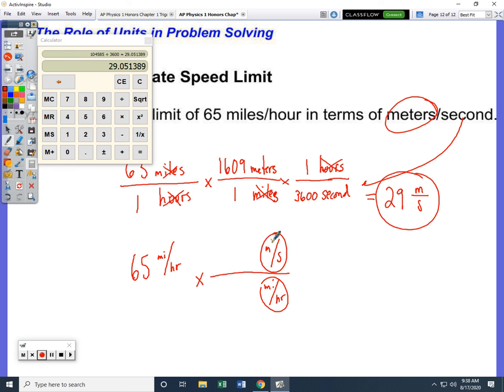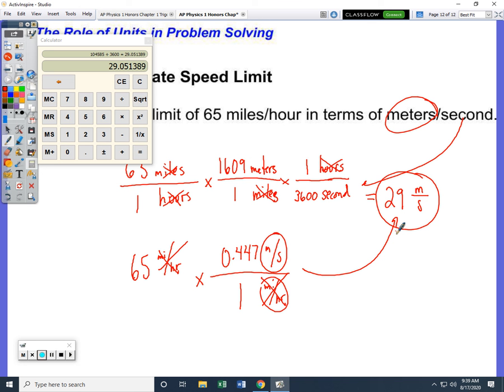And you would need to look up some kind of conversion factor between these. The one that I tend to use is 1 mile per hour is 0.447 meters per second. You look this up. So this would be 0.447 meters per second means 1 mile per hour. Now the entire miles per hour is canceled, and you're left with meters per second. And guess what? You also get 29 meters per second.